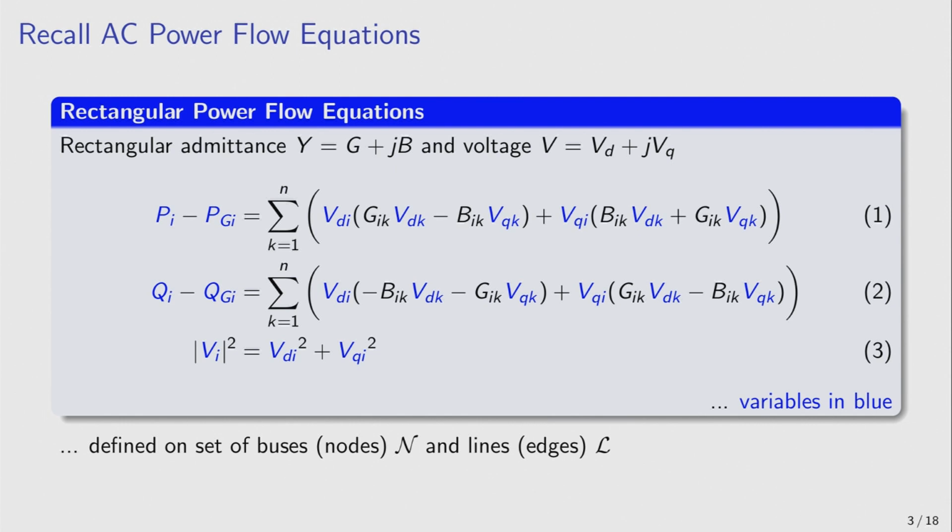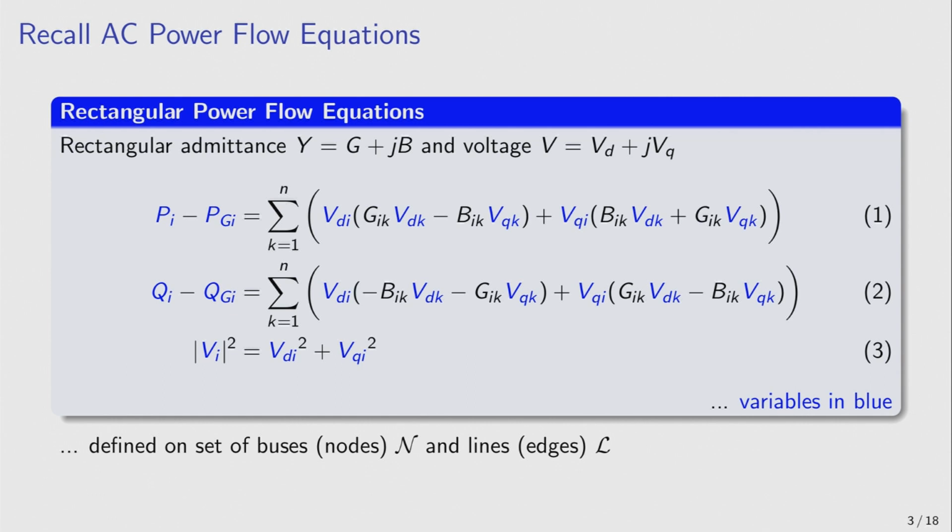Okay, so here's just a reminder of the AC power flow equations in rectangular form. So there are these three sets of equations that have to hold at every bus or every node in the power grid.